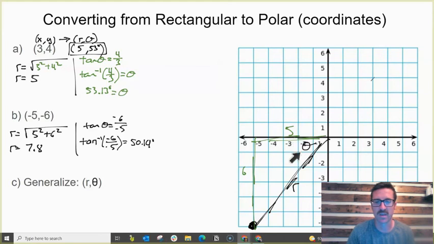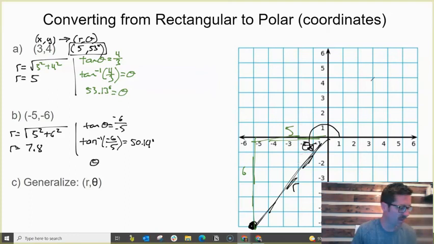That's giving us our reference angle right here. Due to the domain of tan inverse, it might not give us the angle that we're looking for. If this angle is 50.19 degrees, keep in mind that in polar form, we're always measuring our angle off of the polar axis. So I need this full angle right here. What I would want to do is take 180 and add my 50.19 to it.